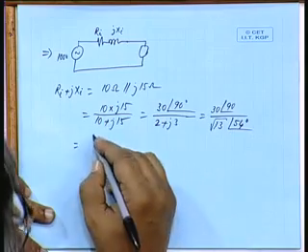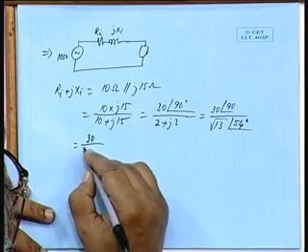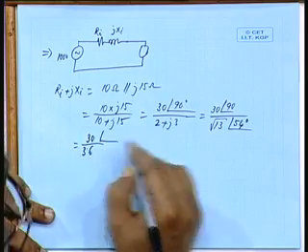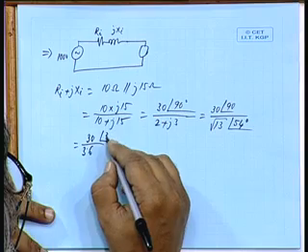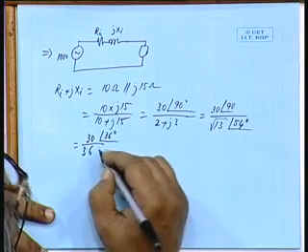So, 1296 is approximately 1300, so it will be 3.6. So, 30 divided by 3.6 and an angle of 90 minus 54, that is 36 degrees.